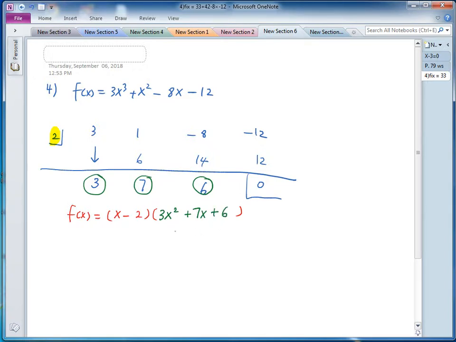Do you think we can factor this? How do I know if it's factorable or not? If it is factorable and I can have rational solutions, that means if I use the discriminant b squared minus 4ac from the quadratic formula, that must be a perfect square number.